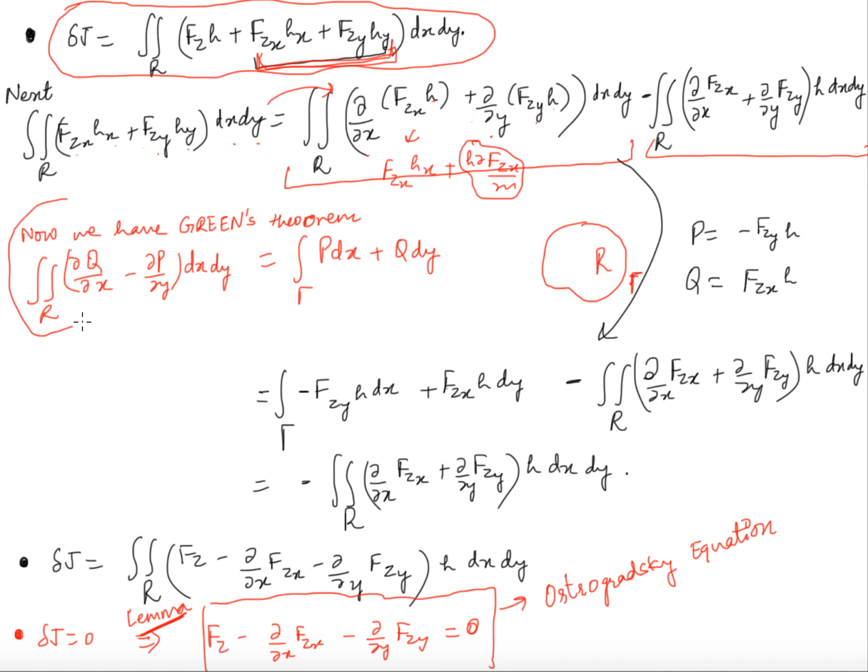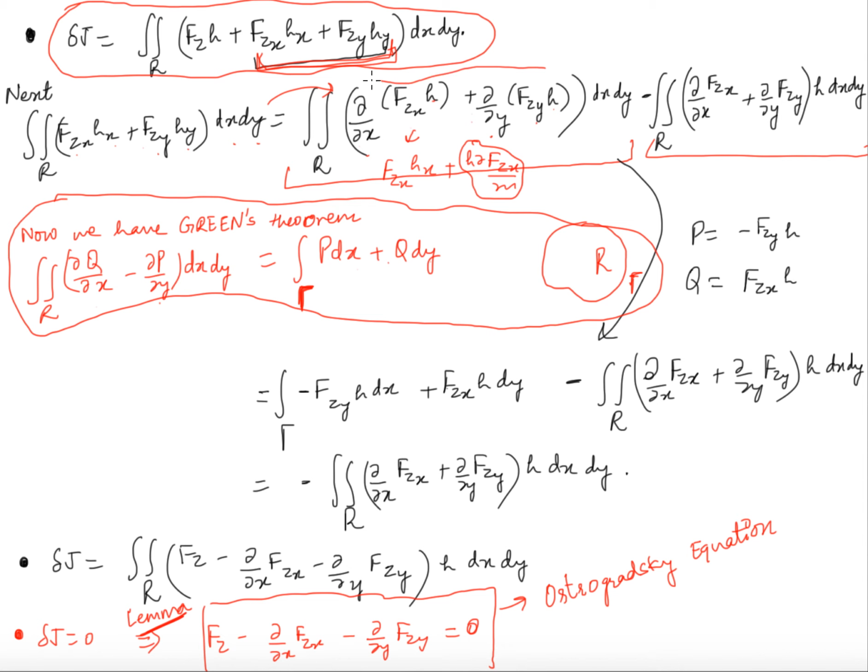Now there is something called Green's theorem. This theorem says that the surface integral of the partial derivative of Q with respect to x minus the partial derivative of P with respect to y is the same as the line integral of P dx plus Q dy along the boundary. So if we apply Green's theorem on this first integral, this is your Q, and compare it with this, and you need a negative sign here.